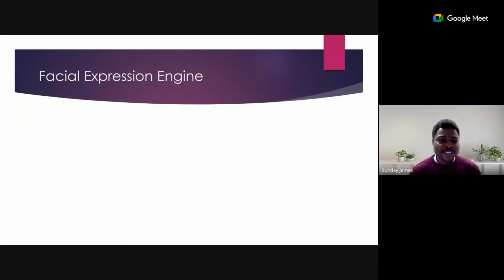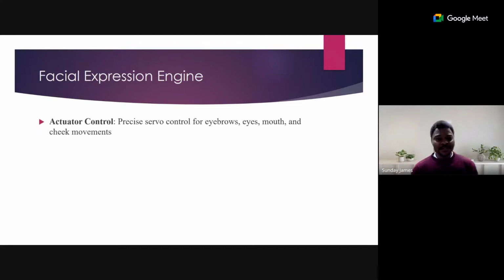All right, so let's look at the facial expression engine. Now, how do we achieve this facial expression that is being performed by the robot? We can achieve this by designing actuators, with precise servo control for several body parts. Okay, let's look at the head now.